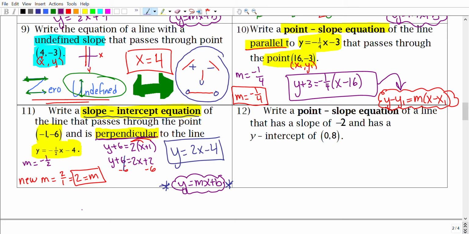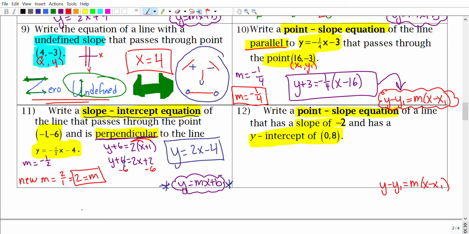So we want to write a point-slope equation of a line that has a slope of negative 2 and a y-intercept of (0, 8). Now, this is like one of the problems that showed up a section or two ago where we want a point-slope. So we want something in y minus y1, x minus x1.